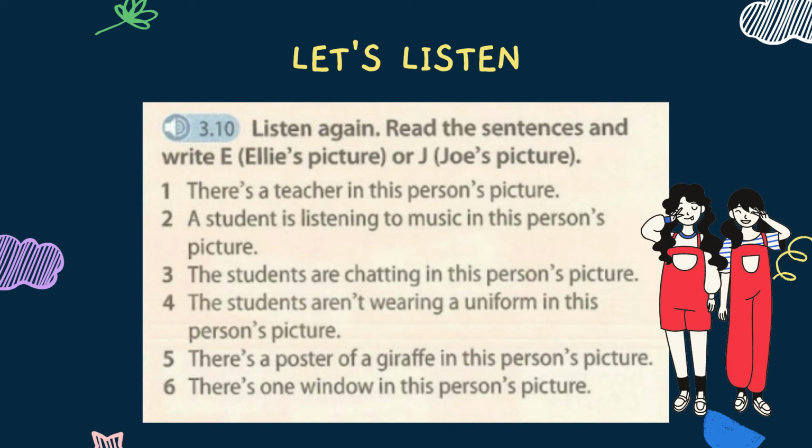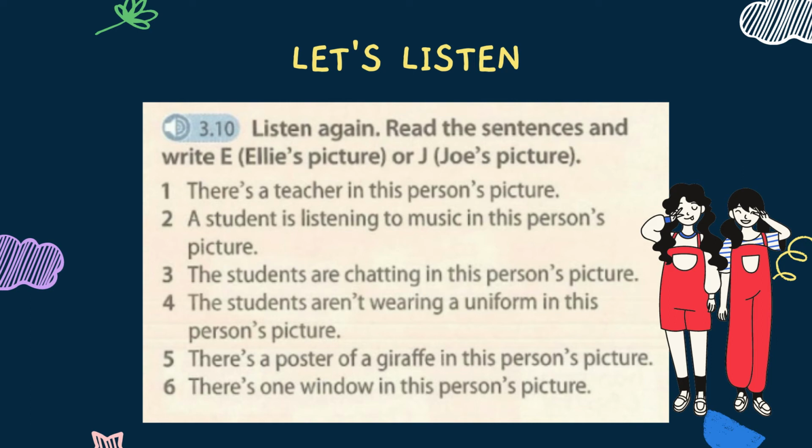Unit 4. Extra listening and speaking. Exercises 2 and 3. OK, Ellie. We're working together on this activity. It's a picture of a classroom. Is there a teacher in your picture? No, there isn't. How many students are there? There are only 2 students in the class.